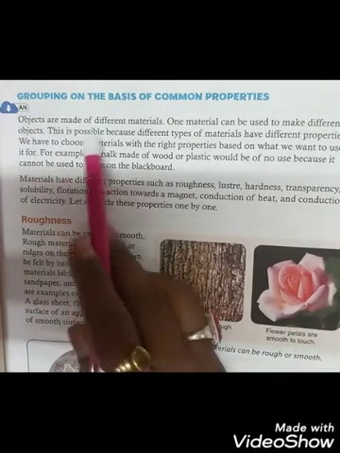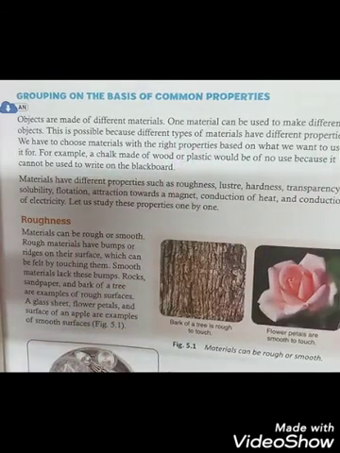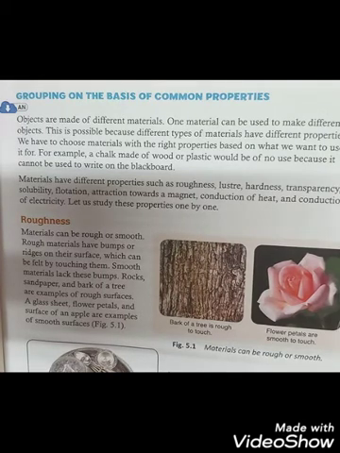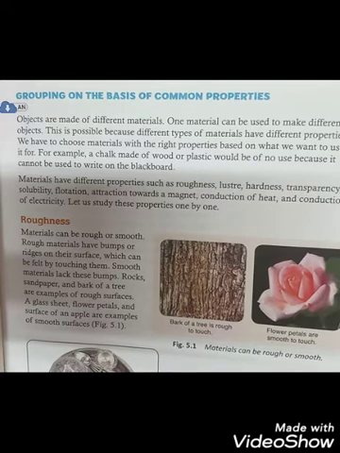Objects are made of different materials, and the materials that can be used to make different objects can be different, and different materials have different properties. So we have to choose the materials with the right properties for what we want to use them for, so that they can be of use.